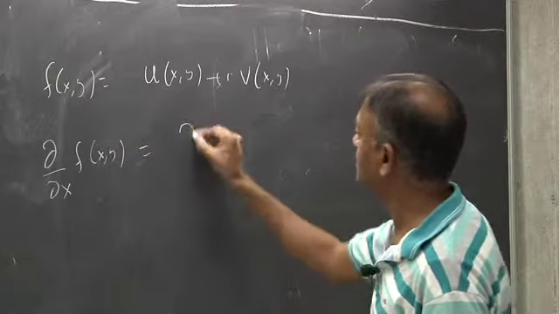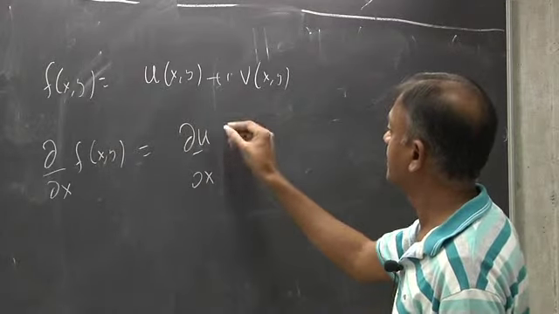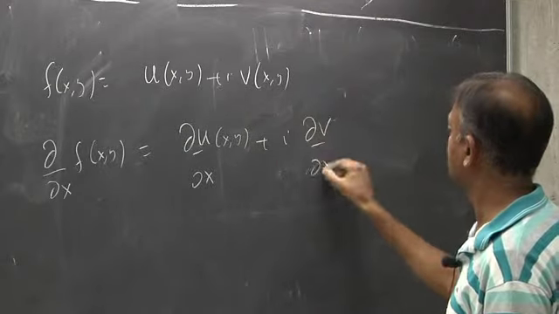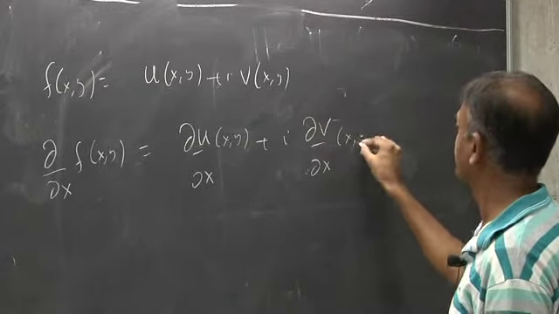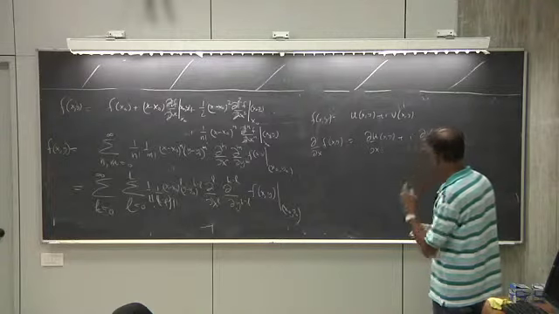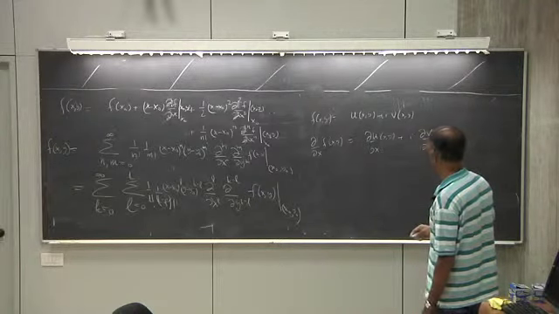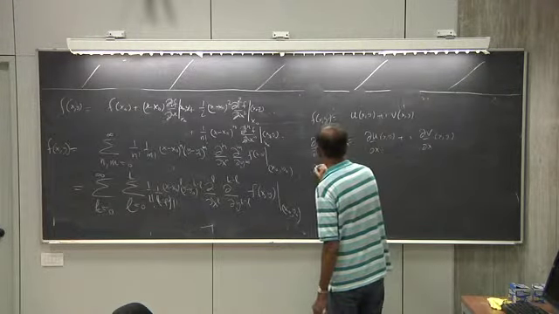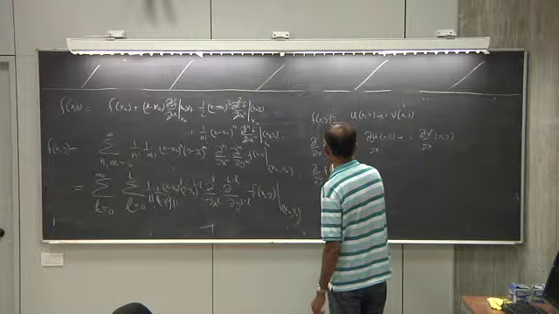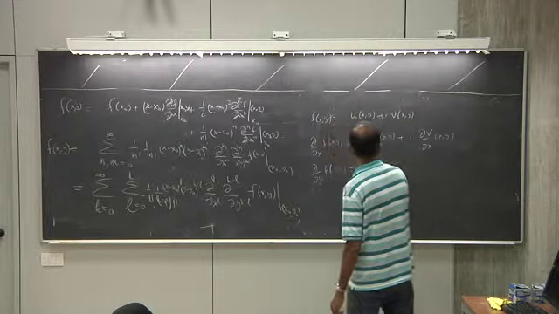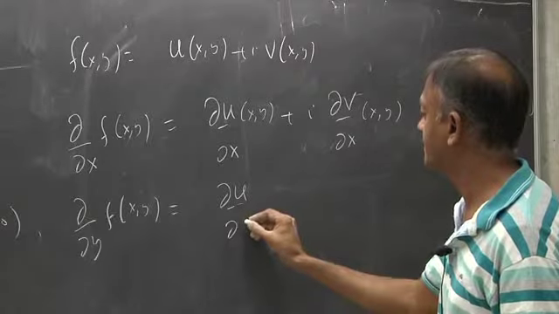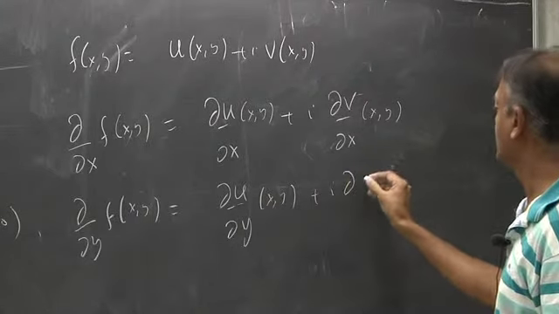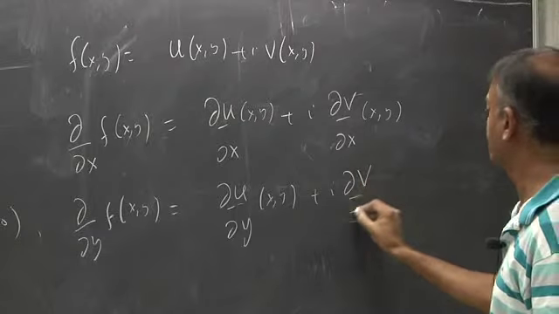This is the same as du by dx at xy plus i dv by dx at xy. Correct? And similarly, df by dy at xy is du by dy at xy plus i dv by dy at xy.